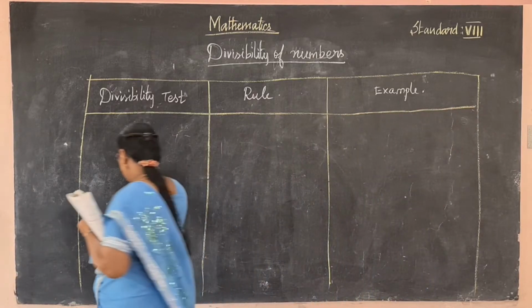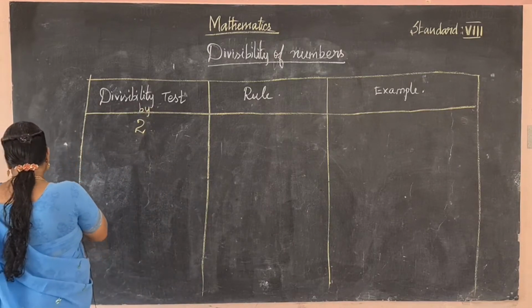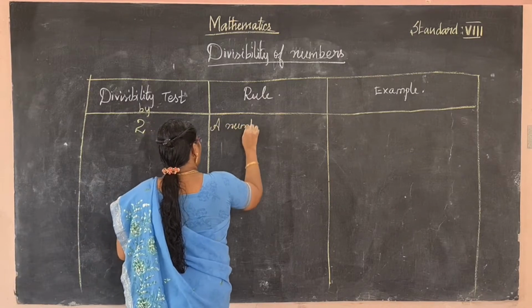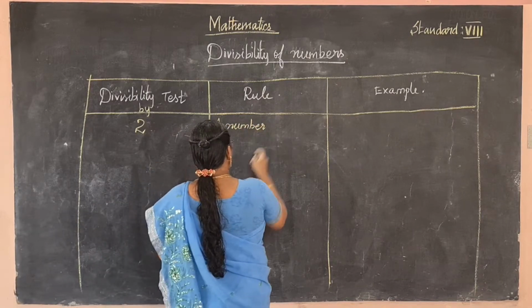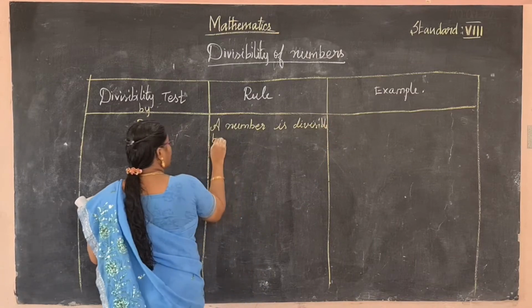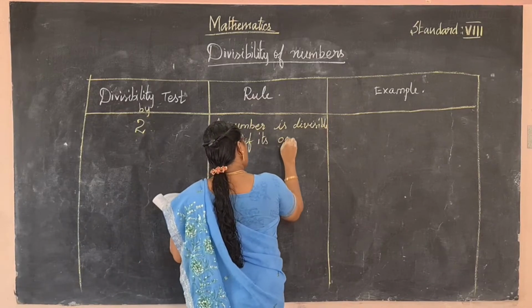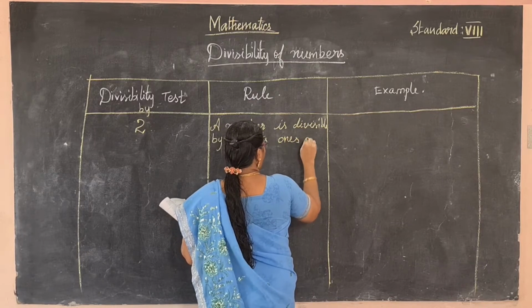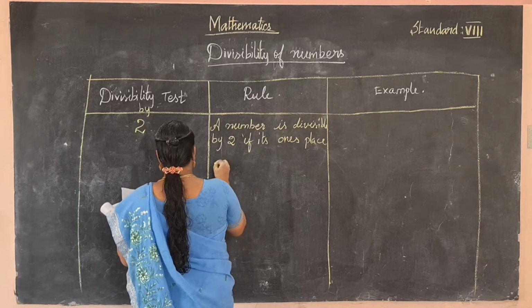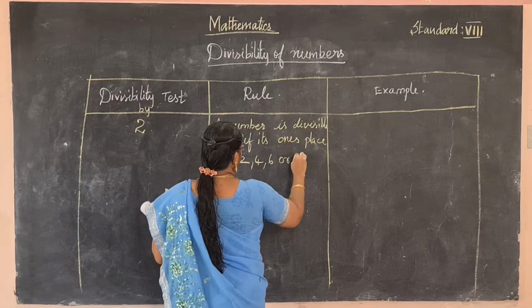The first one, divisibility test by 2. The rule is: a number is divisible by 2 if its ones place, or ones digit, is 0, 2, 4, 6 or 8.